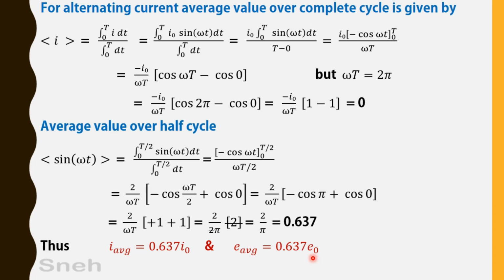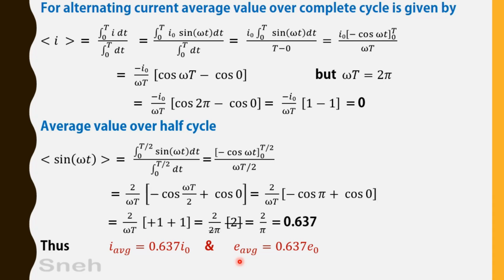And in this way we can find the average value of alternating current or alternating EMF over a half cycle. Now as these values are non-zero, can I use these values for measurement with the help of an ammeter and voltmeter? Again I'll say no. What is the reason behind it?